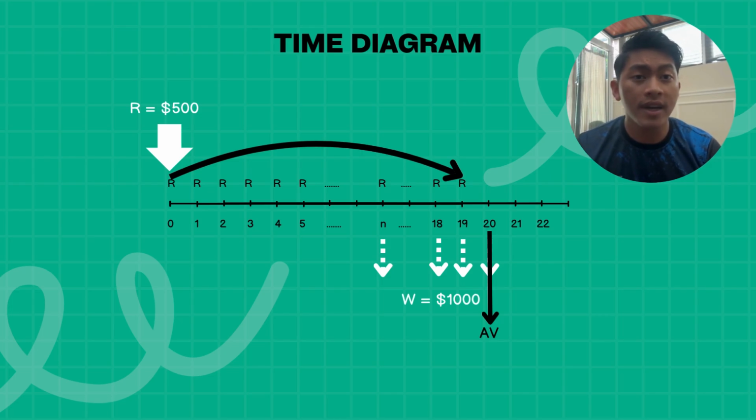So, the goal is to find the maximum number of $1,000 withdrawals we can make, which means we want to start withdrawing as early as possible, but only when there's enough money in the fund to support it. We need to ensure that the accumulated value at year end is enough to support withdrawals of $1,000.